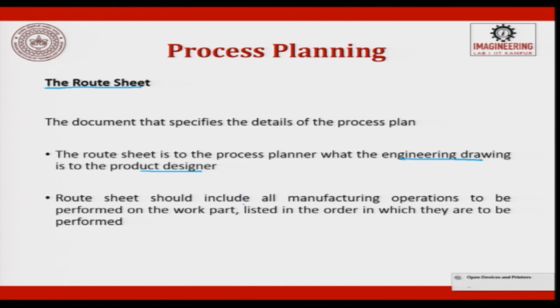Routing sheet should include all manufacturing operations to be performed on the work part, listed in the order in which they are to be performed. Today, you can do all these things digitized. When we talk about the ERP software, MRP software, for every part there is something called a routing sheet, and you just put the part, you get the complete routing sheet online. It can quickly tell you.